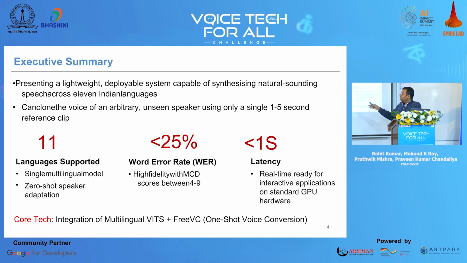Whatever the TTS system generated, we took an off-the-shelf Whisper ASR and checked it. The word error rate can also vary based on the ASR system we choose. Indic ASR may be better for Indian languages.